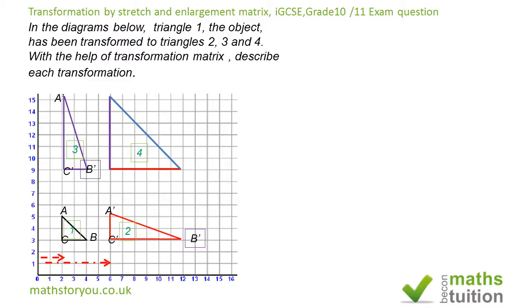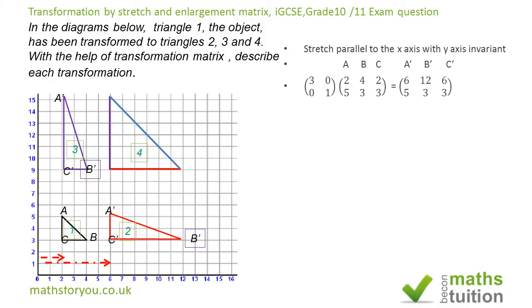So it then seems to me that the transformation from 1 to 2 is a stretch parallel to the x-axis, with the y-axis being the invariant line, and hopefully a stretch factor of 3.